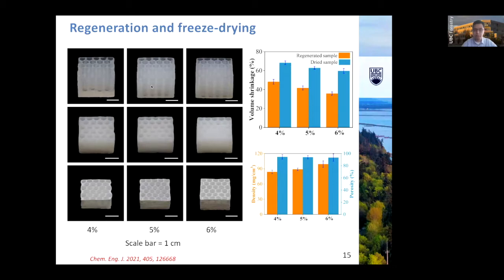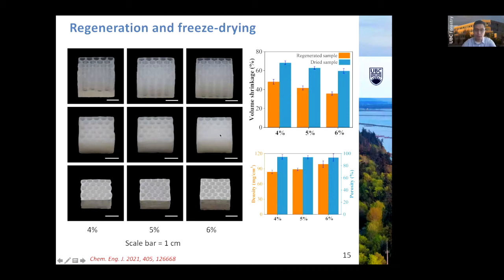Therefore, after printing, it is very easy to collapse. But if you look at the 4% to 6%, this is about 2 centimeters tall, so they maintain the structure very well. And then after that, we can regenerate by washing off the sodium hydroxide and urea.